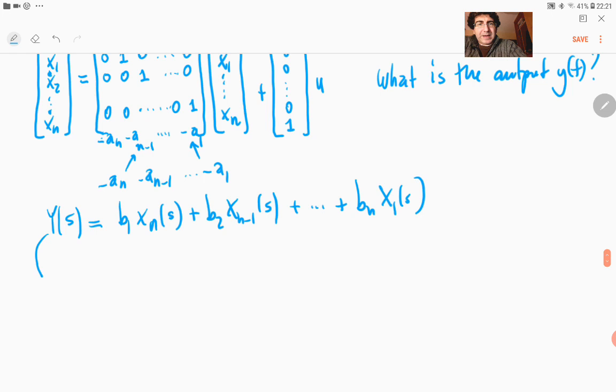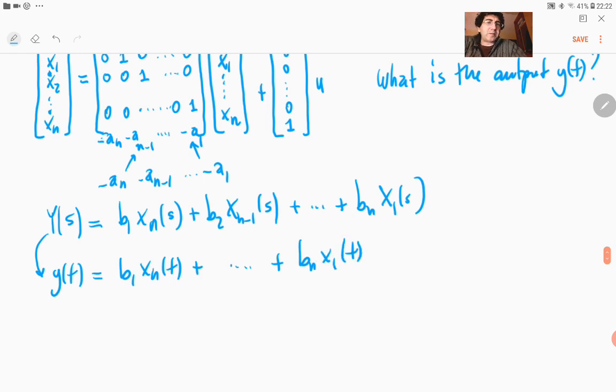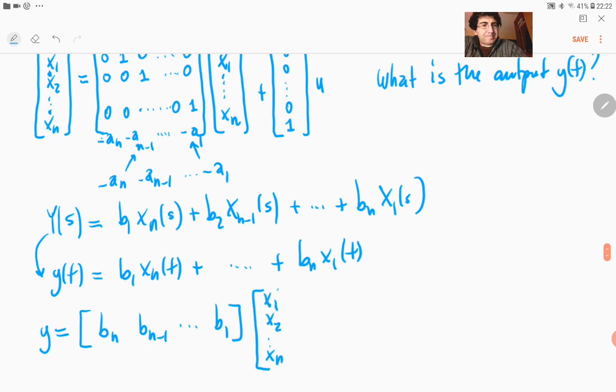And if we go back to the time domain, y of t is b1 xn of t up to bn x1 of t. So it's a linear combination of all the states. My final equation here is that y is equal to bn, bn minus 1, up to b1 times the states x1, x2, up to xn.